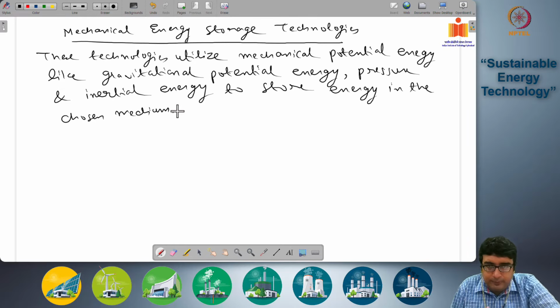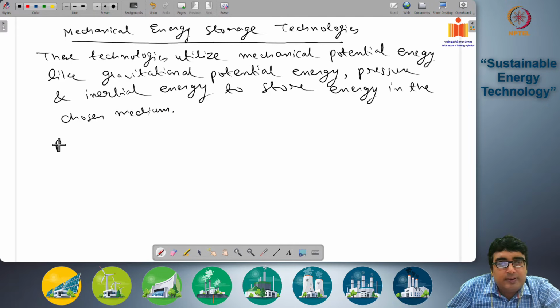So, mechanical energy storage systems use physical means of energy storage like gravitational potential energy, energy associated with keeping something at high pressures, inertial energy, etc. to store energy in the medium of choice. Okay. So we will discuss three types of them one by one in the following lectures.